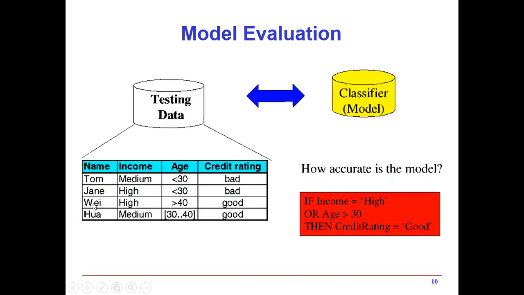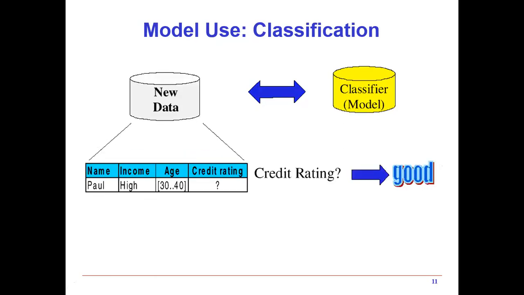As I told you, one row is correctly classified, and we can take either condition, income is high or the age is greater than 30. So one row is correctly classified and one row is misclassified. We can say the model accuracy is 50%. So we have generated a model and its accuracy is 50%.